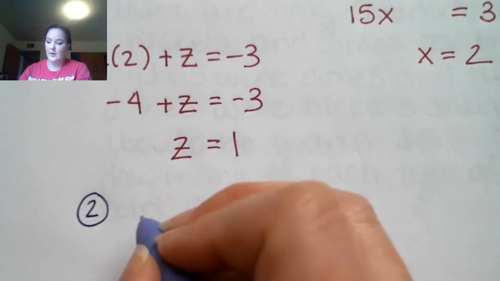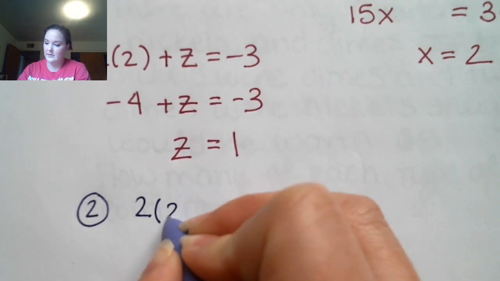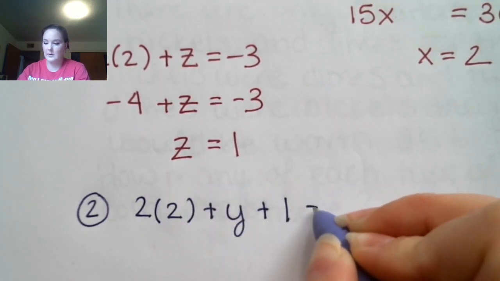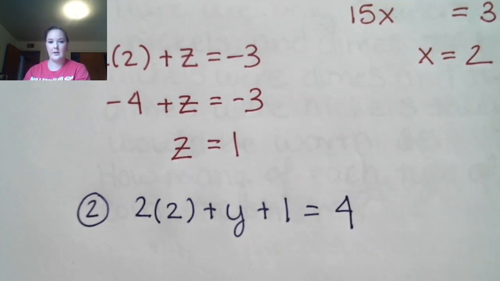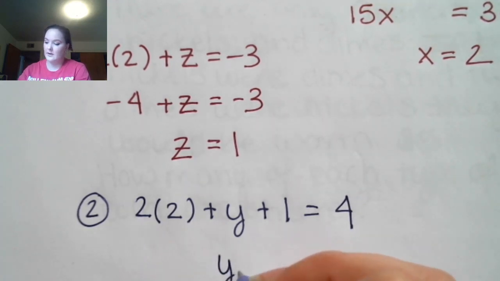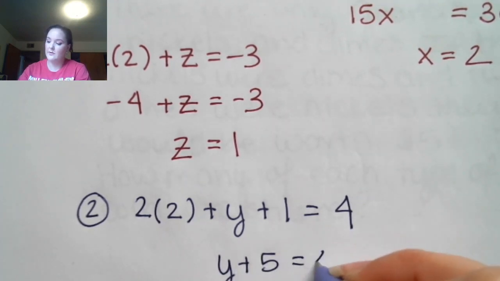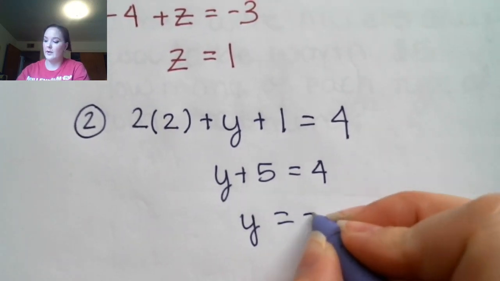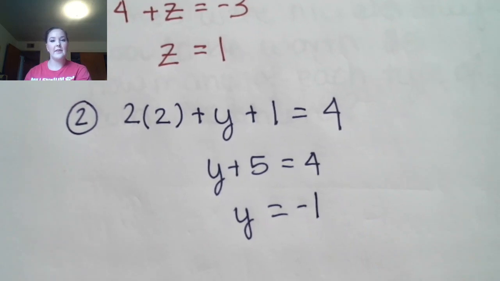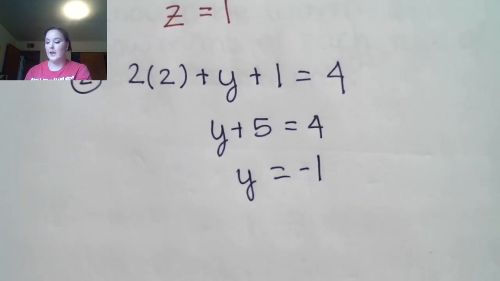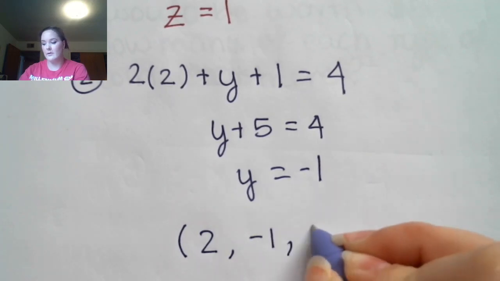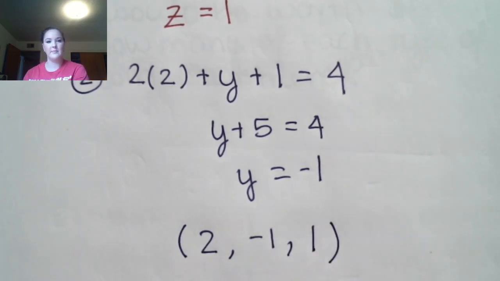So I had 2x plus y plus z equals 4. Okay, so this is going to be y plus 5 equals 4. So y is negative 1. Okay, and then I'm not going to forget to write my answer as an ordered triple. So x, y, z.